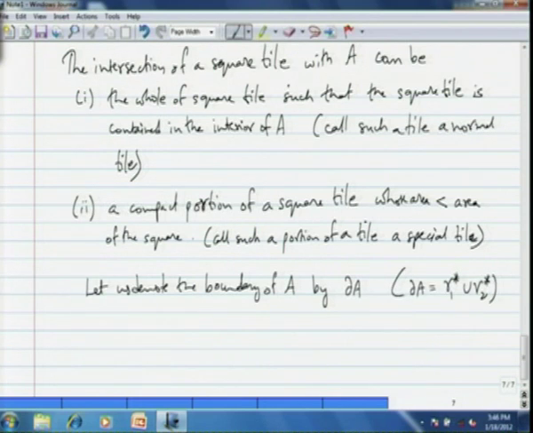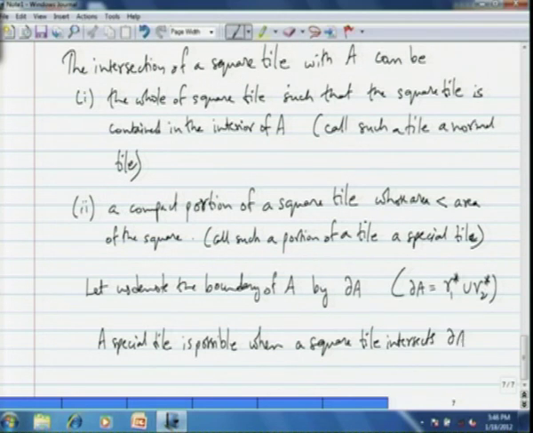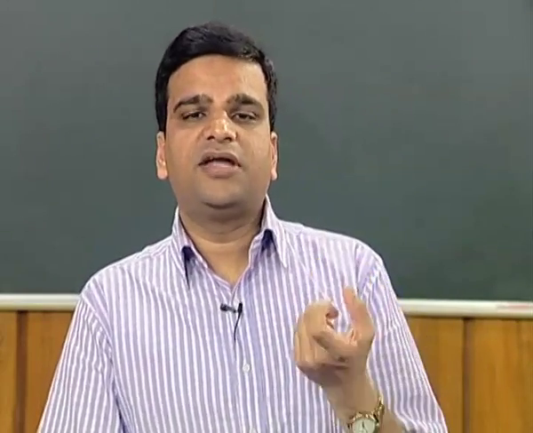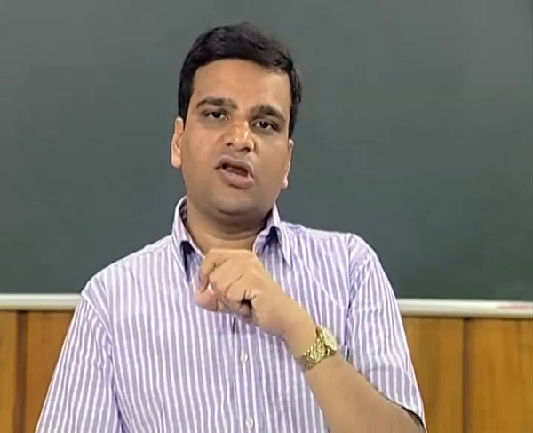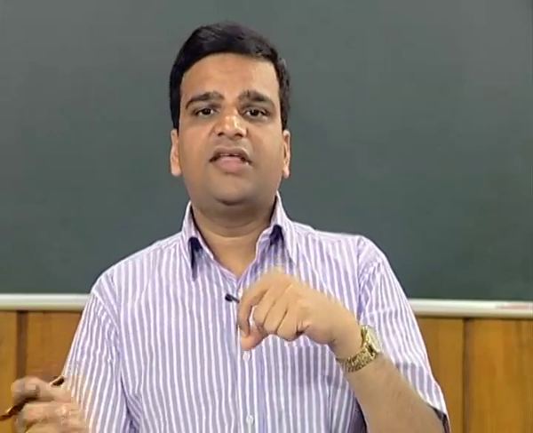Now, a special tile is possible when a square tile intersects the boundary of A. A square tile is either completely in the exterior of A, or it is in the interior of A, or it could be that it intersects the boundary of A. We want to call a square tile still a normal tile when the intersection with the boundary does not take up any area of the square tile itself.